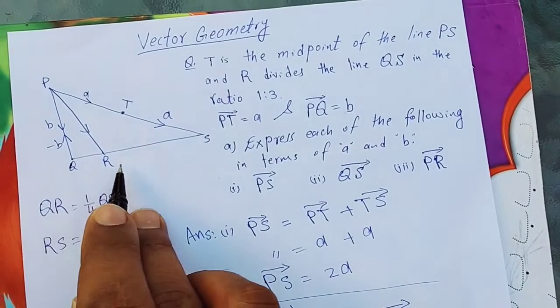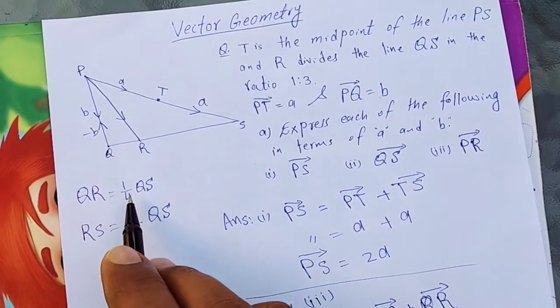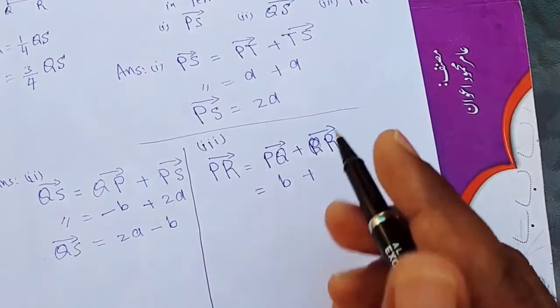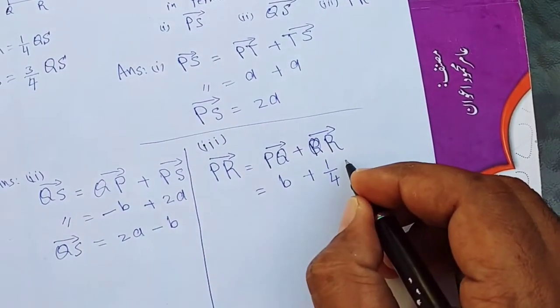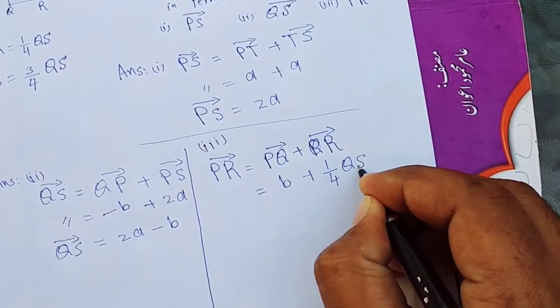So QR, I told you here, QR is 1/4 or a quarter of QS.